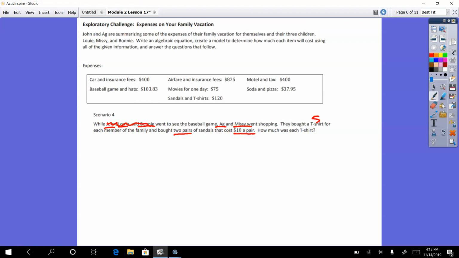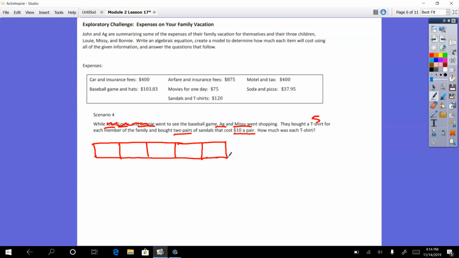How much was each t-shirt? Okay, so this one's a little bit different here. The number of family members doesn't actually matter, it's the items that they bought. They bought a t-shirt for each person in the family, including themselves, so they bought 5 t-shirts.